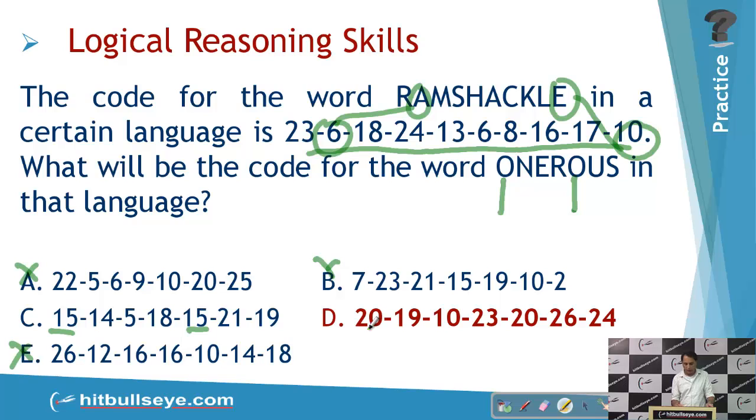Yes, option C and option D would qualify, because both the options will give you the same value for the first and the fifth positions of the code. However, we also know that E here stands for 10. And if you look at E, it is the third position here. So third position has to be 10, which is only true for option number D. Hence, option D is the answer.